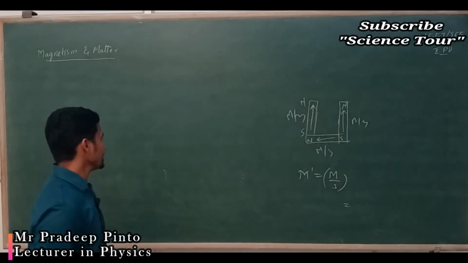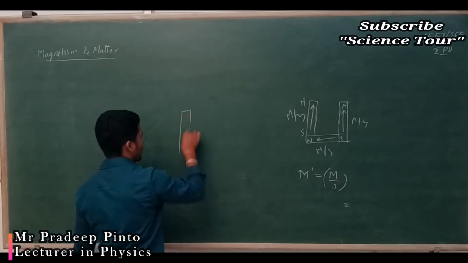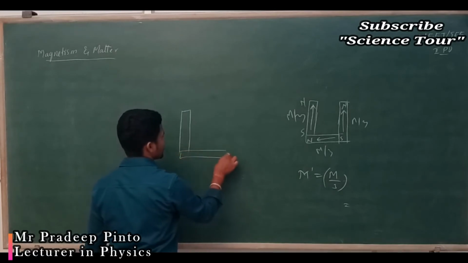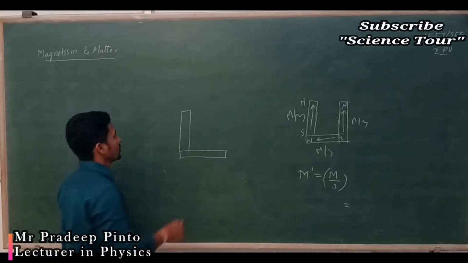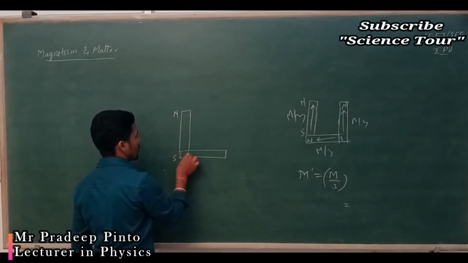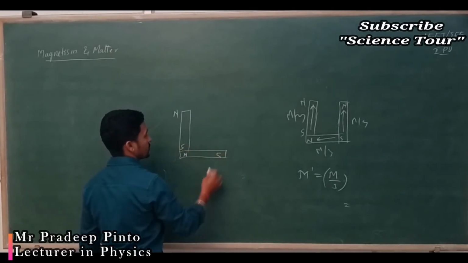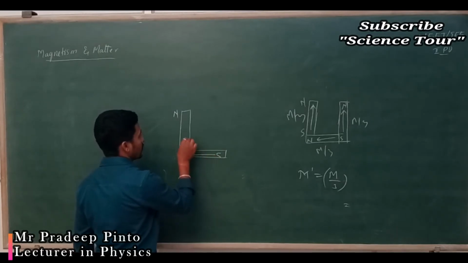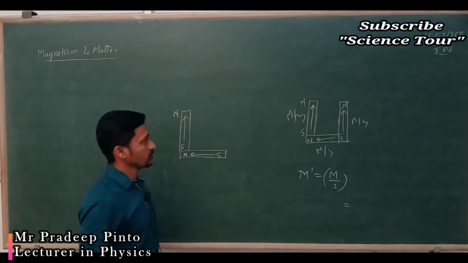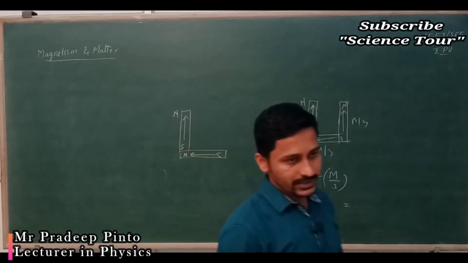If it is in equal parts and I have arranged it in this manner, north, south, isn't it? South to north, the two magnetic moments, and equal parts are there.